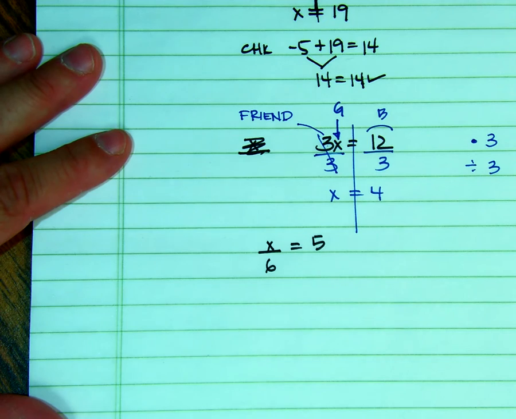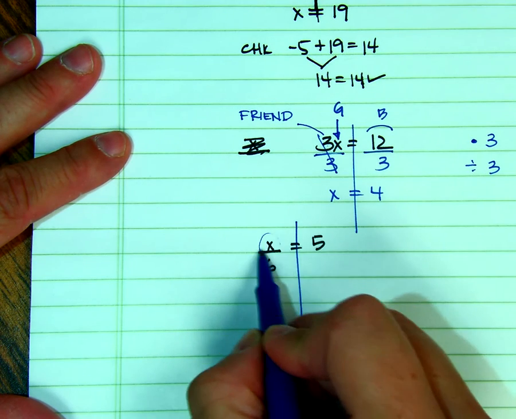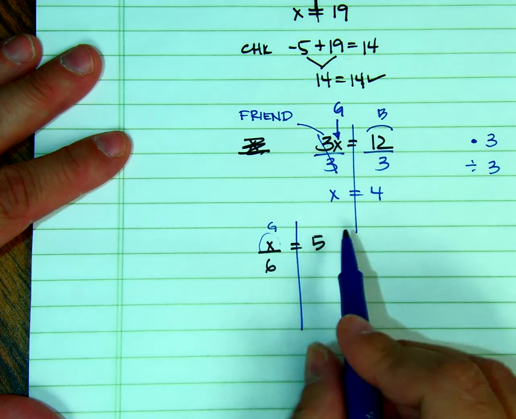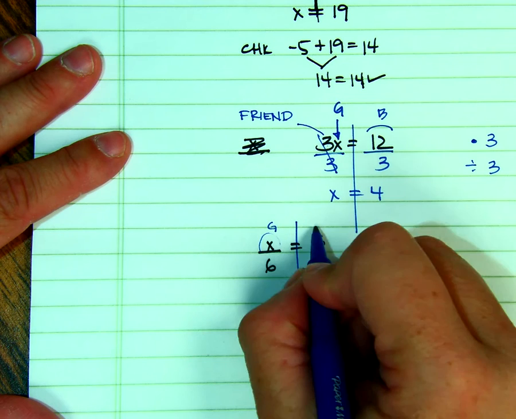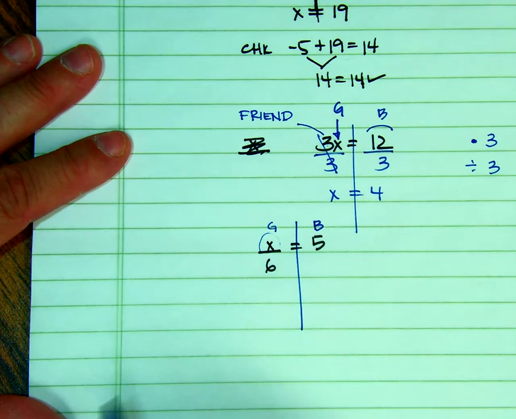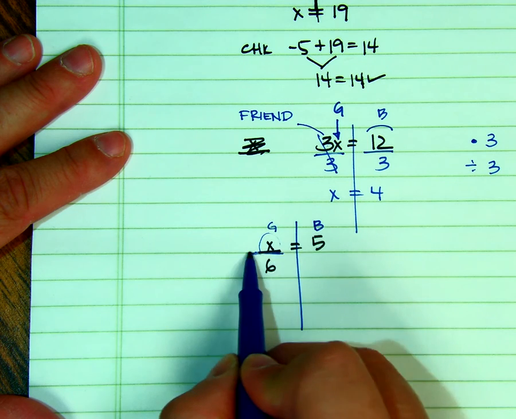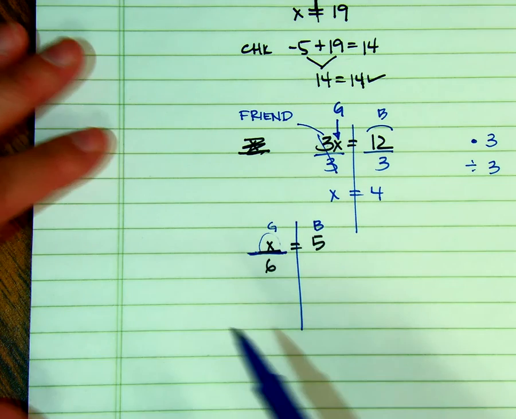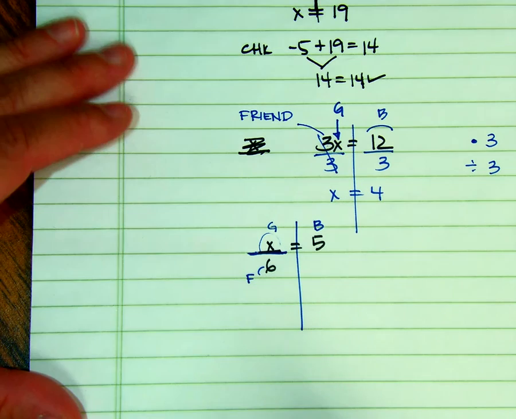Other scenario. Again, x is always the good guy. The number on the other side, if it's just a number, this is a bad guy. These guys are still touching. They're still connected somehow. So this is still a friend.